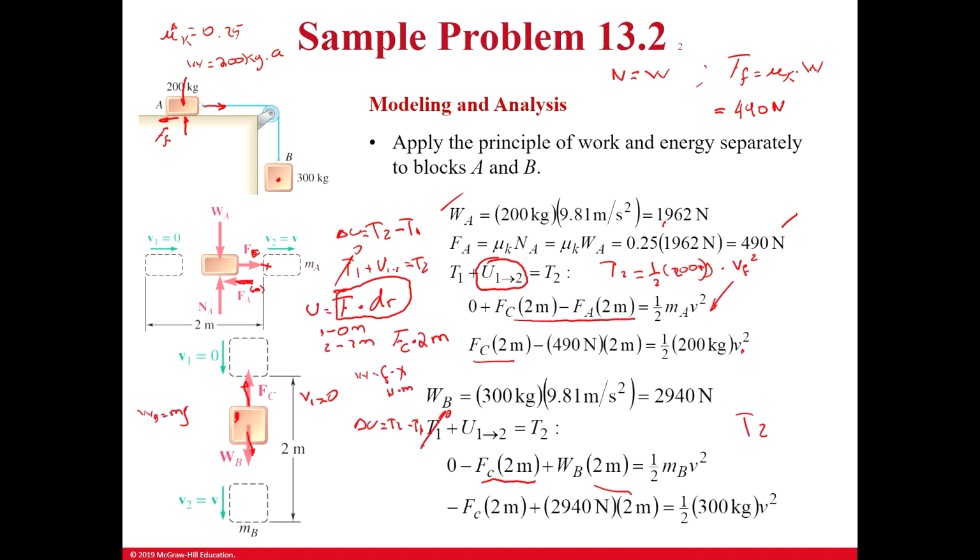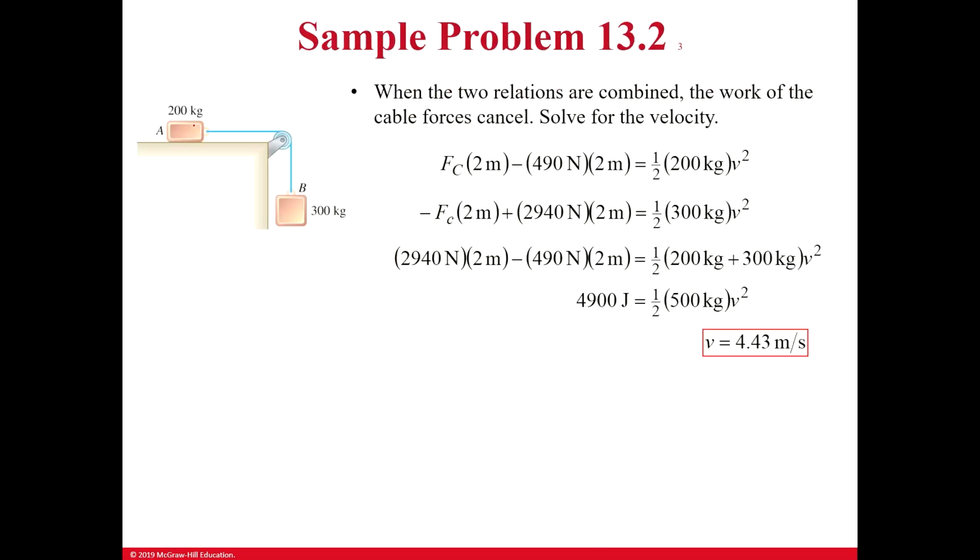In equation number 1, Fc is making it gain energy, so we're going to keep that positive. In the second one, since it's with respect to gravity, remember that this is a potential energy case. If the box was falling by itself, it would be a potential energy case, but the force of the cable is holding it from falling freely.